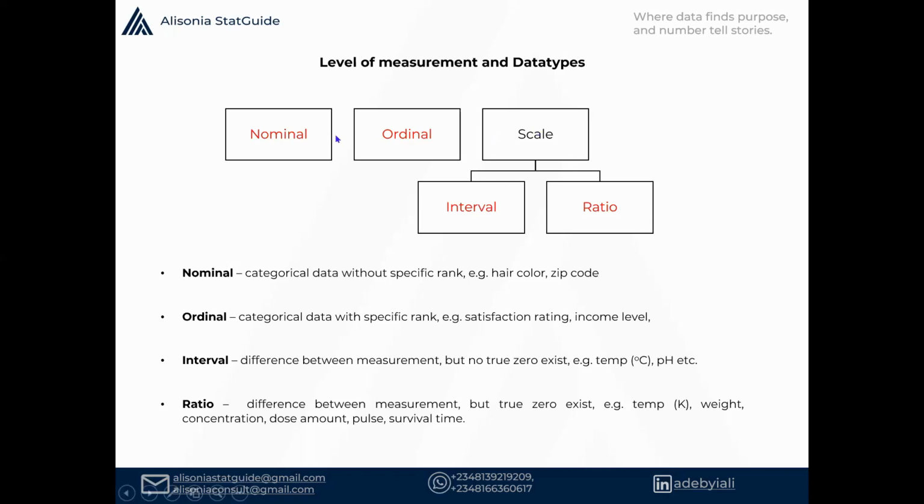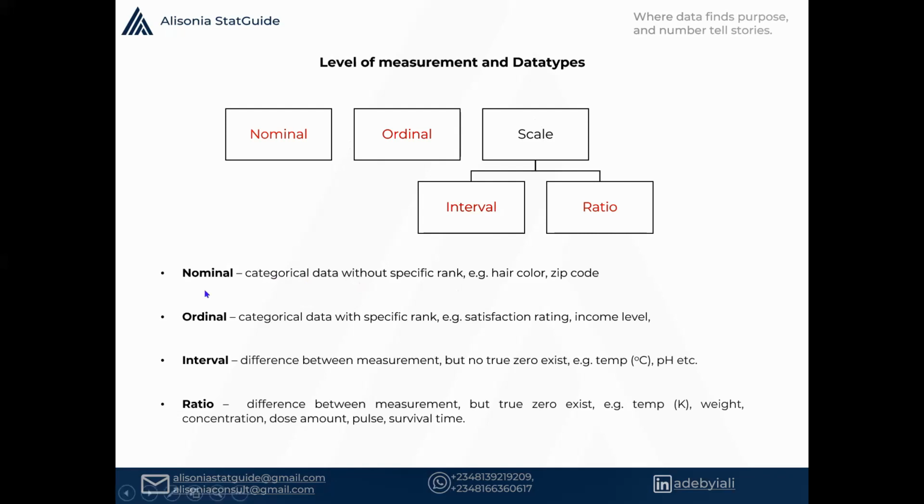Normally, there are four levels of measurement: nominal, ordinal, interval, and ratio. Interval and ratio fall under scale. So nominal data is categorical data without specific rank. We said that the other time.